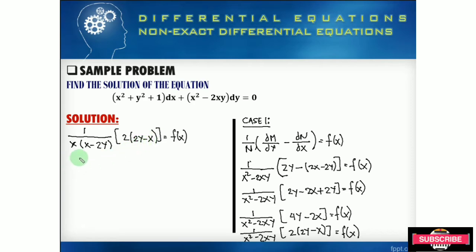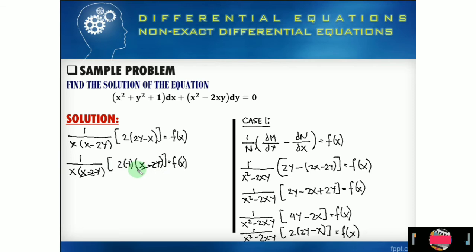So this will then be 1 over x times x minus 2y times 2, and then we extract the negative sign, so this will then be x minus 2y, equal now to f as a function of x. So we can eliminate this one, x minus 2y.